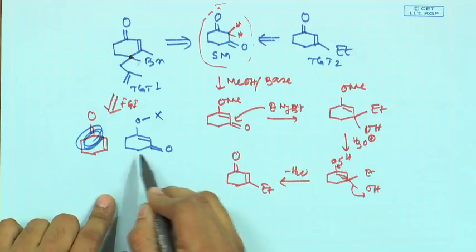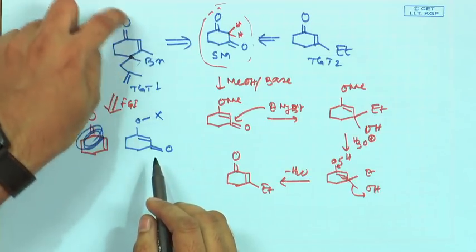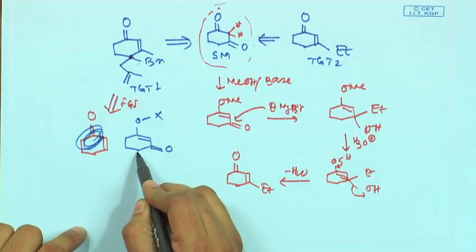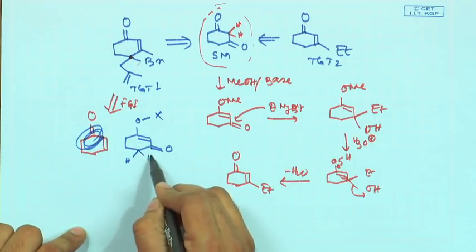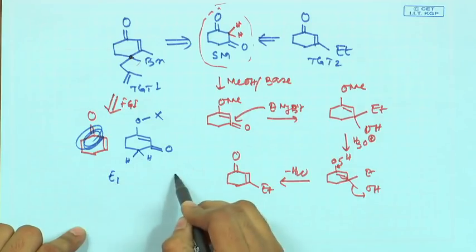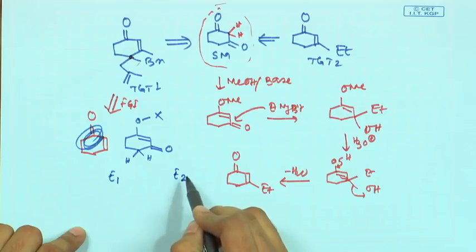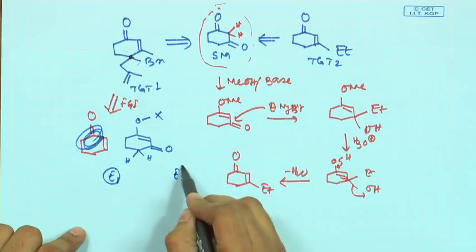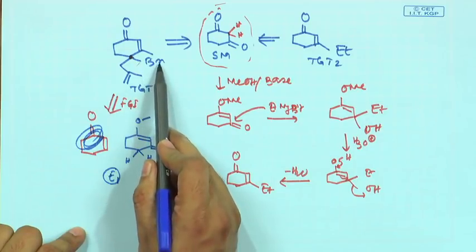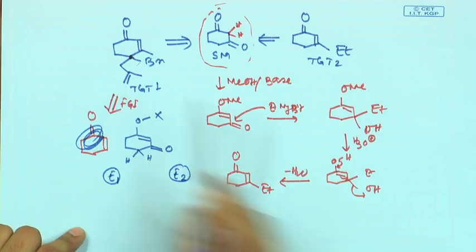Out of this 1,3-dicarbonyl compound we have selectively manipulated one, and now this has an active methylene group, and here you want to put two electrophiles in a successive manner, E1 and E2. Now, what are E1 and E2? E1 will be this benzyl group and E2 will be this methyl group.